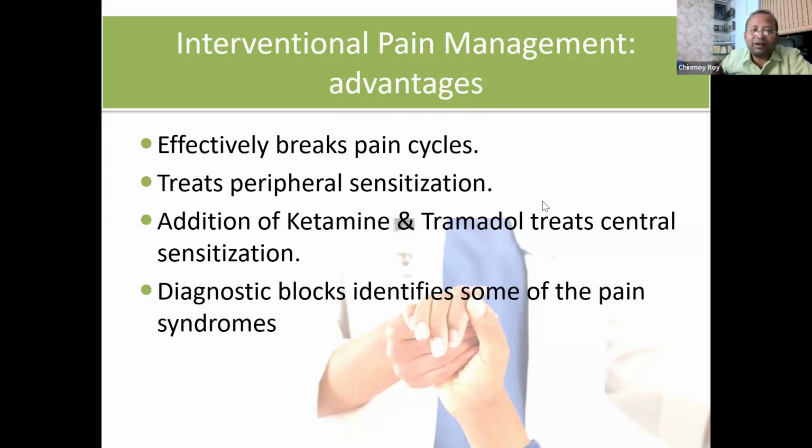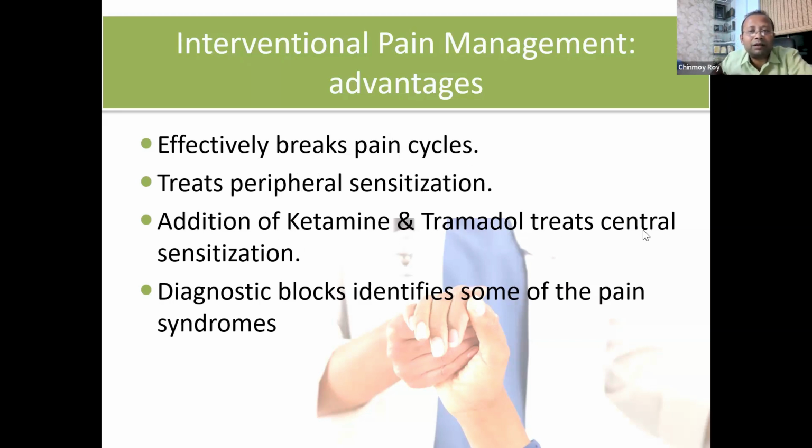That is called effectively breaking the pain cycle. When you give local anesthetic, pain becomes zero, and it treats peripheral sensitization. That is what I mean: it breaks the pain cycle, and it treats the sensitization, mainly for neuropathic pain.